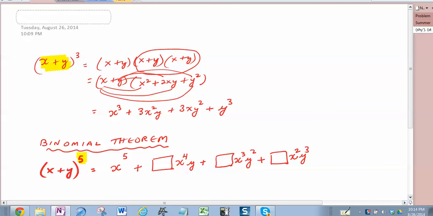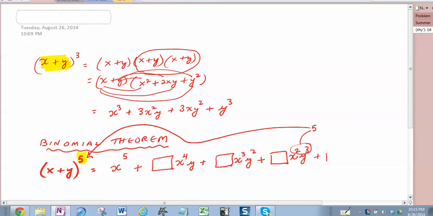You may notice that the powers of x go down by 1 each time, the powers of y go up by 1 each time, and the exponents will always add to 5, which is because I was raising originally x plus y to the 5th power.